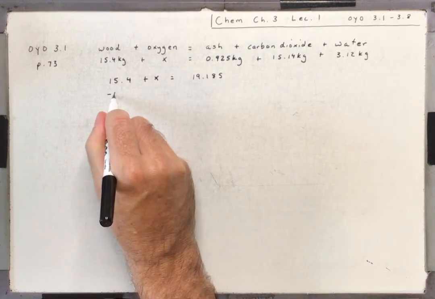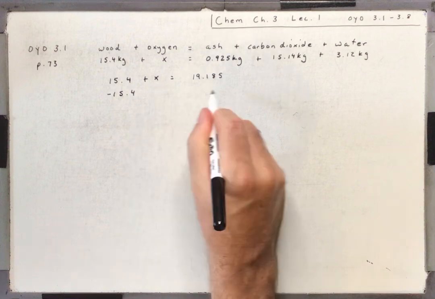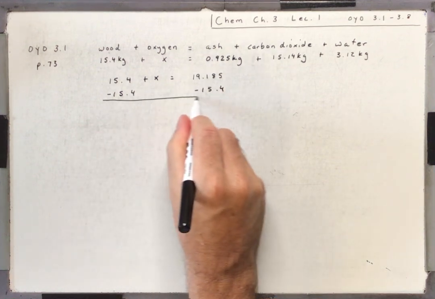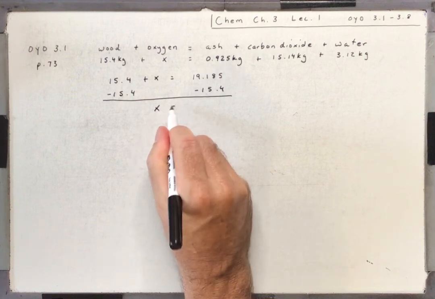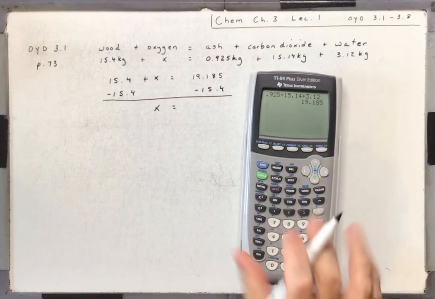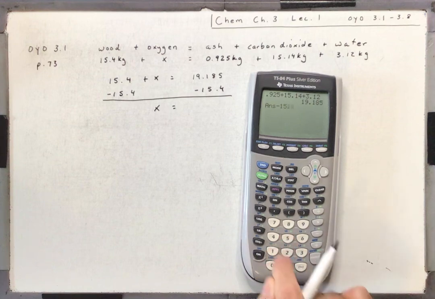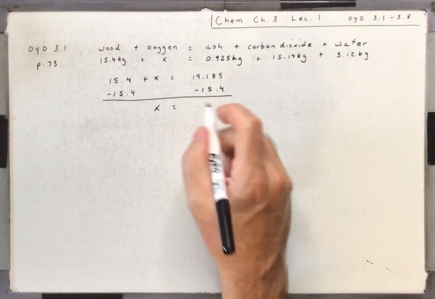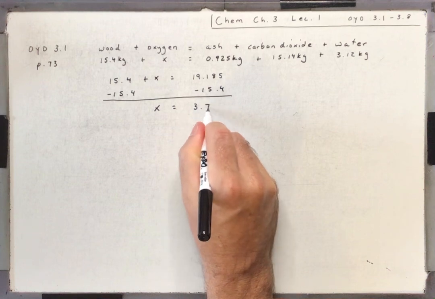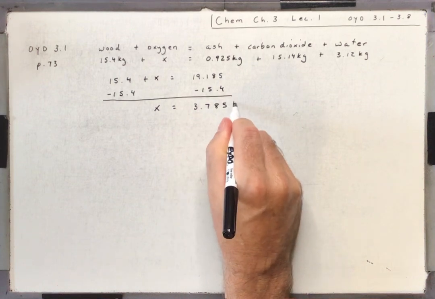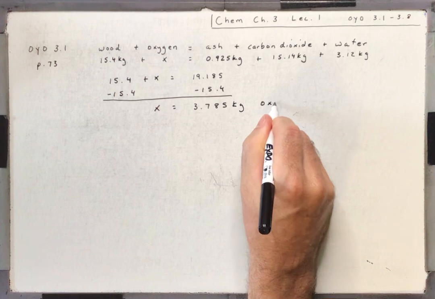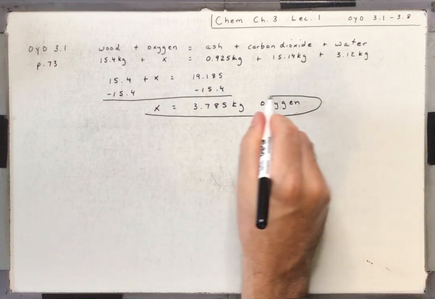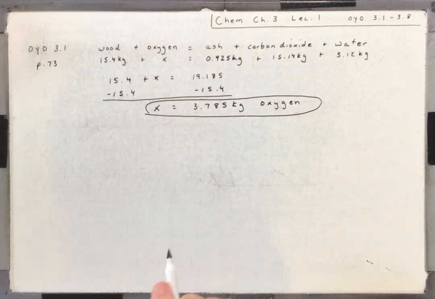So we're going to subtract 15.4 from both sides. And we have x is equal to 19.185 minus 15.4. So x is equal to 3.785 kilograms of oxygen. All right, so that demonstrates the law of conservation of mass.